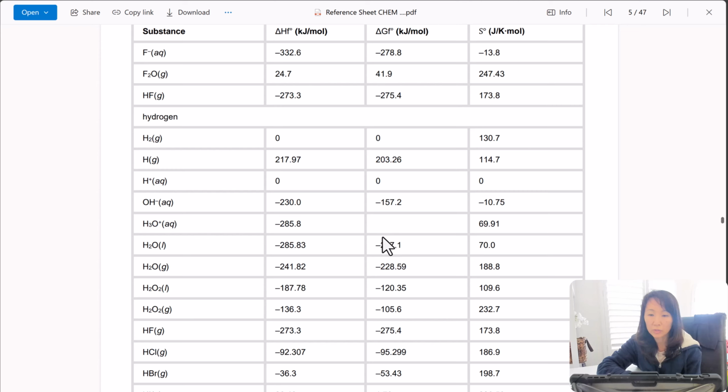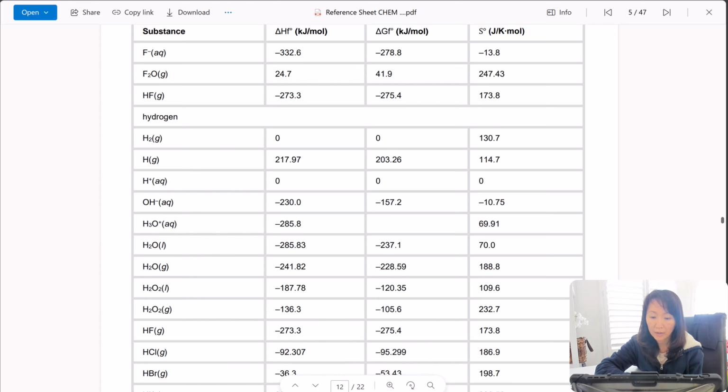And also note the unit, kilojoules per mole. That's important because if you look at entropy, it's just joules per Kelvin mole, right? They're all important. So we're going to take these two values and plug them into our G. Liquid is negative 237.1 and the gas is negative 228.59.